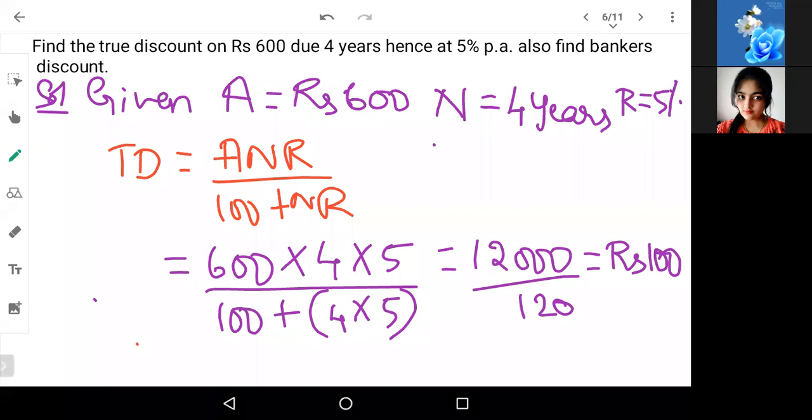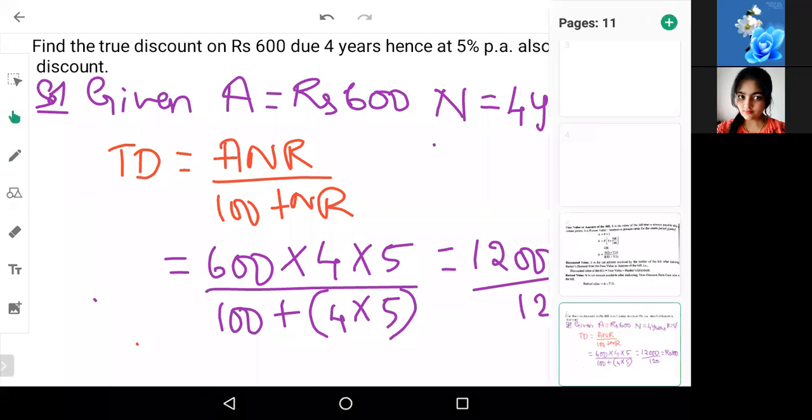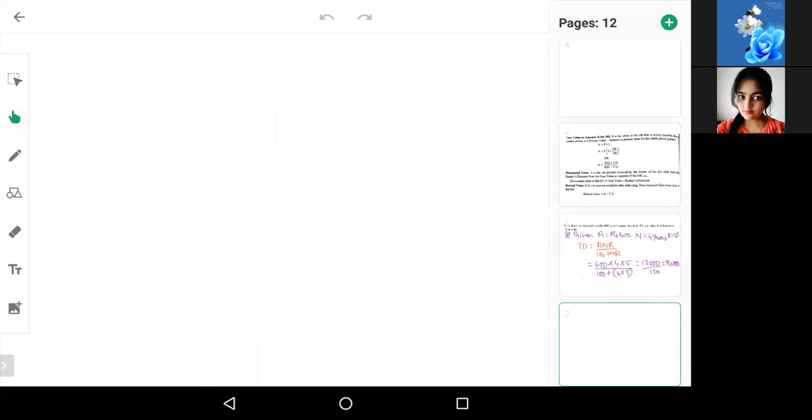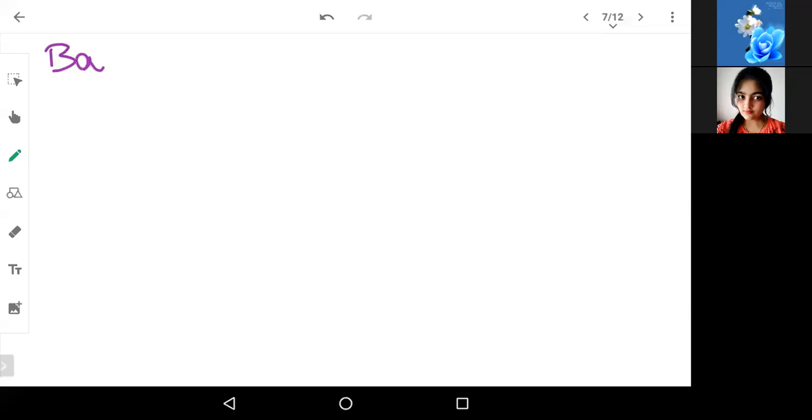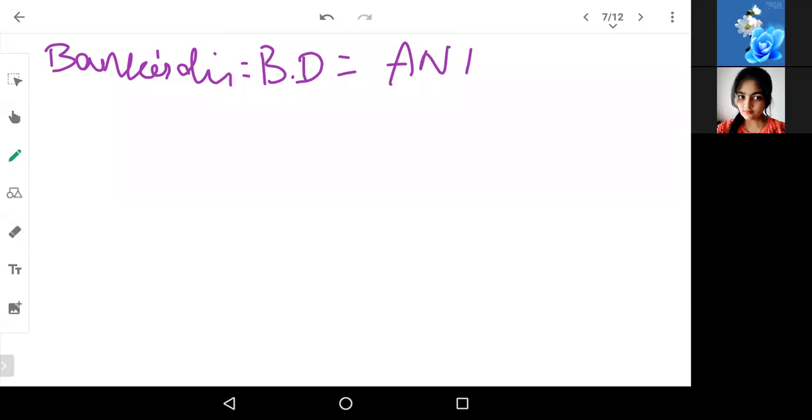Okay. Now, if you see the question, apart from true discount, they have also asked us to find out banker's discount. Let us also find out banker's discount for the same problem. Banker's discount or BD, capital B and D. BD is equal to ANR by 100.